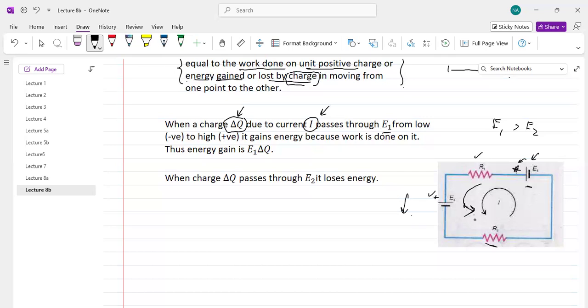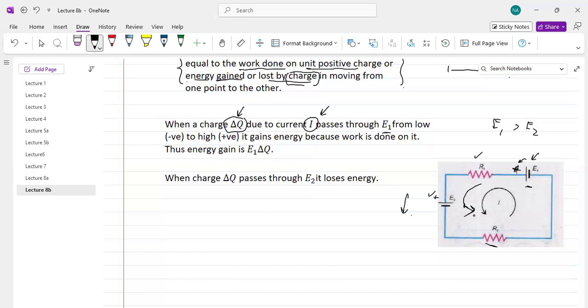But you should not worry about the direction of current in each loop. You can assume any direction, either clockwise or anti-clockwise.